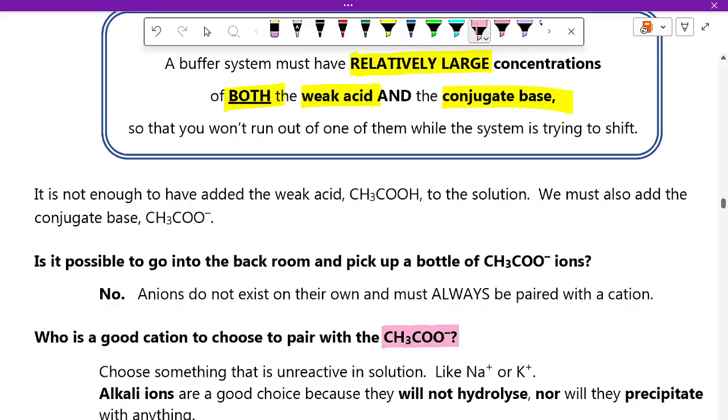It needs to be paired with a cation, and it needs to be a soluble cation. So it needs a cation partner, and you want the cation partner to be soluble and non-reactive.